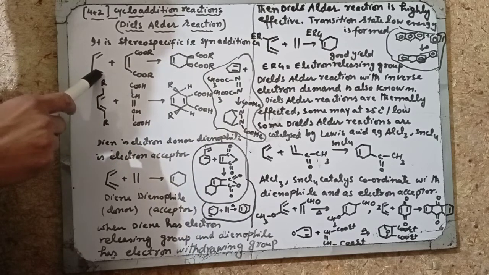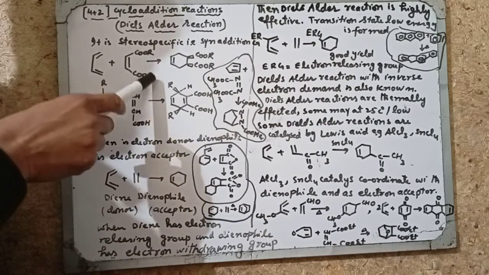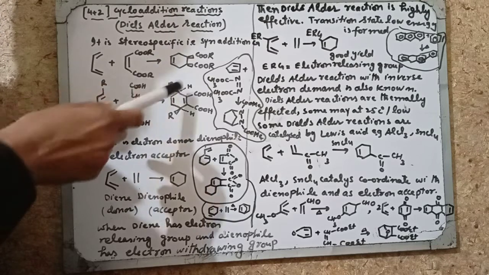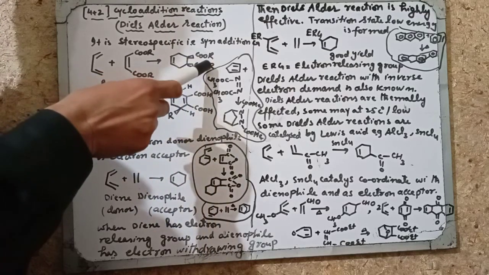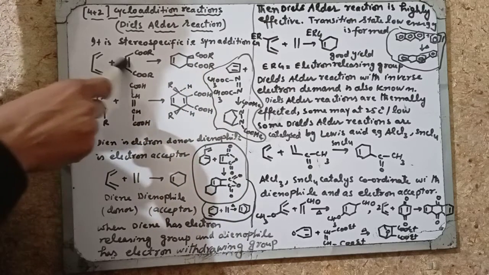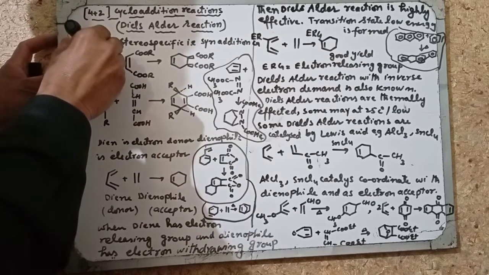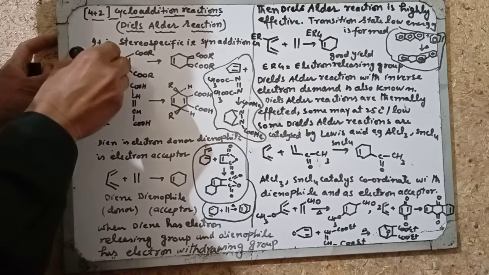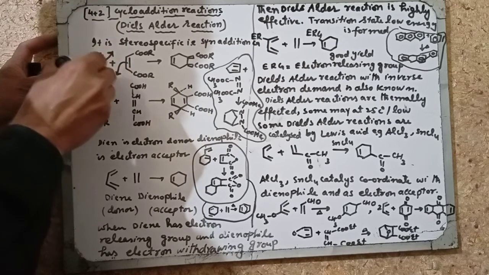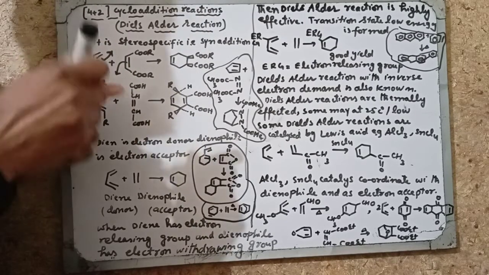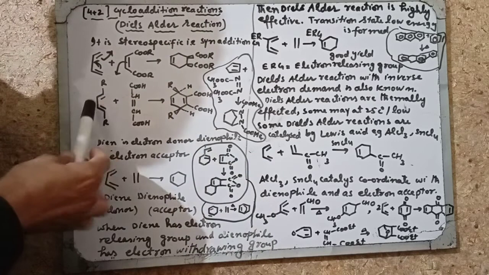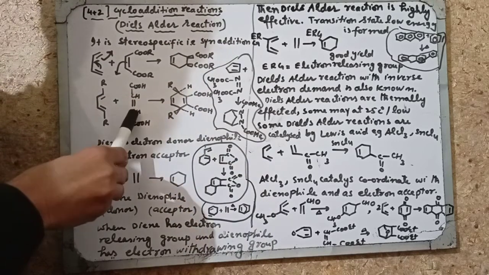Like this is the diene, this is the substituted dienophile. Then addition occurs and these substituents remain on the same side. This is the addition. This is another diene and dienophile.